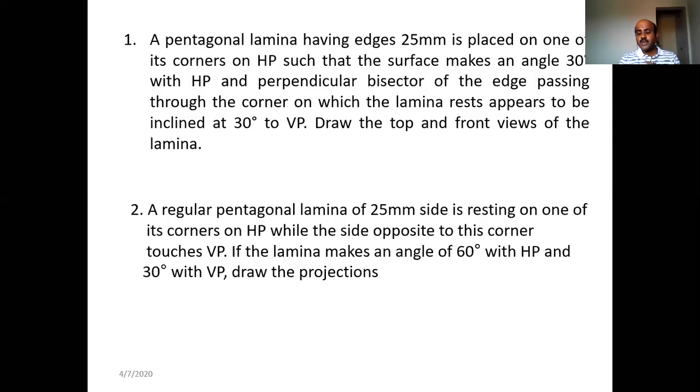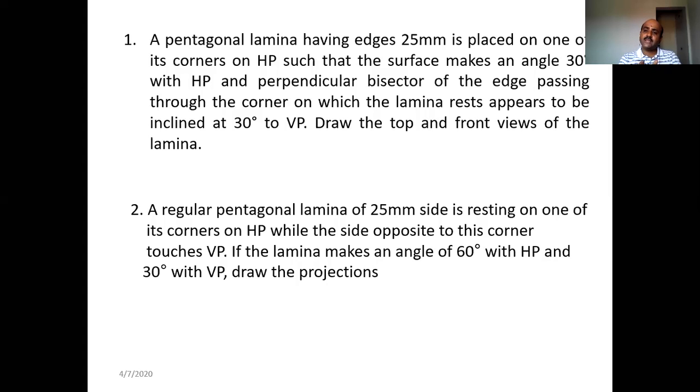One thing to remember here, especially in this problem: if the lamina makes an angle of 60 degrees with HP, then by default it makes 30 degrees with VP. Am I right? Because VP and HP are perpendicular to each other.